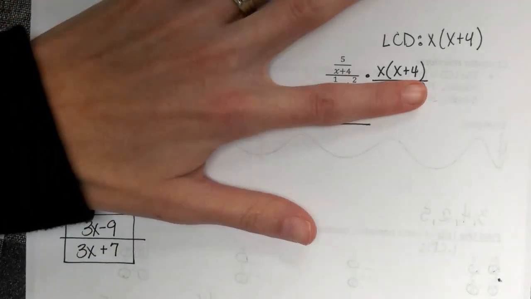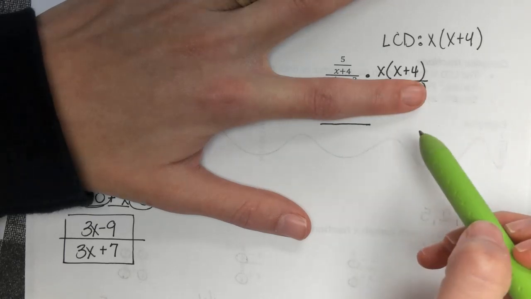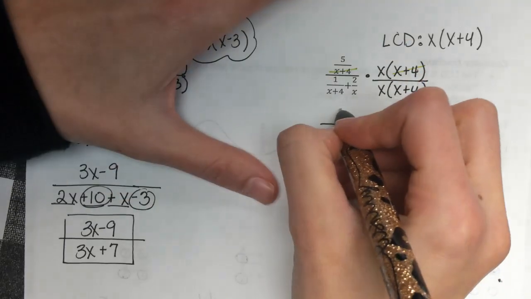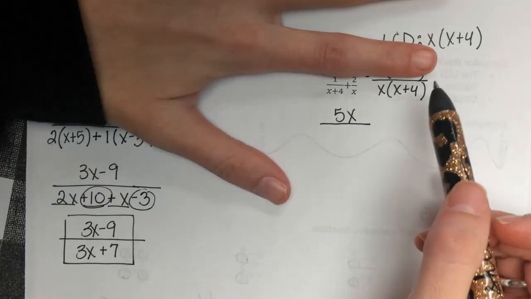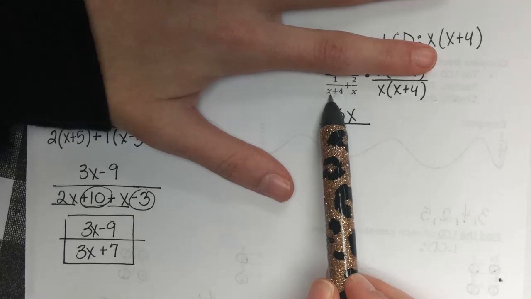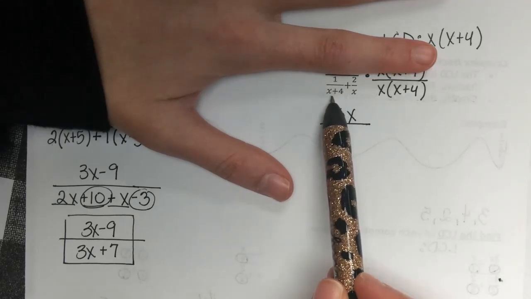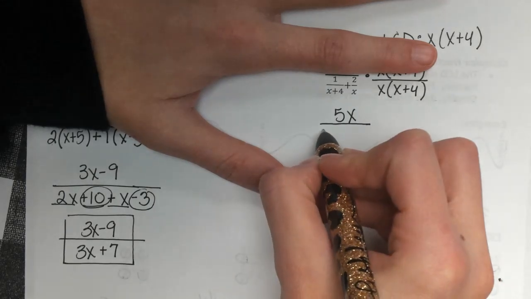When I do that with my numerator, what's going to cancel? So I take 5 and multiply it by x, and that's just 5x. It's missing the x. Yes? Okay. All right. Now this first fraction, 1 over x plus 4, bless you. The x plus 4 cancels, and so it's just x.